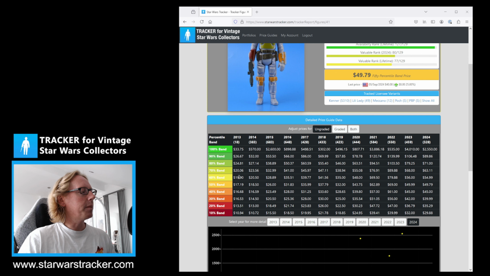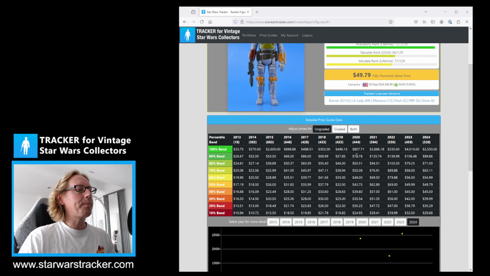But the main advantage of using percentile bands to express statistics is that it takes out the skewing that really high outlier numbers or really low outright numbers can have on taking an arithmetic mean average price.